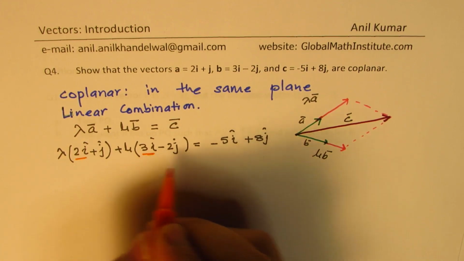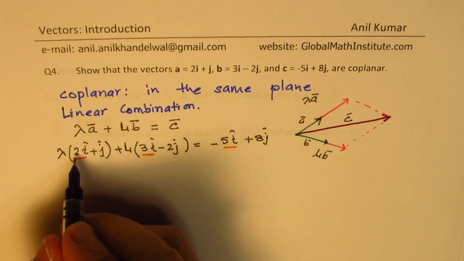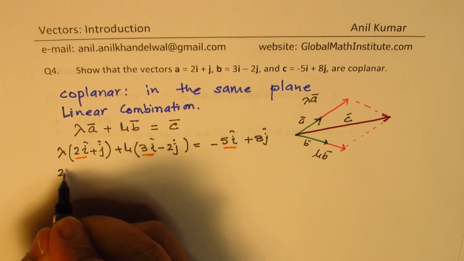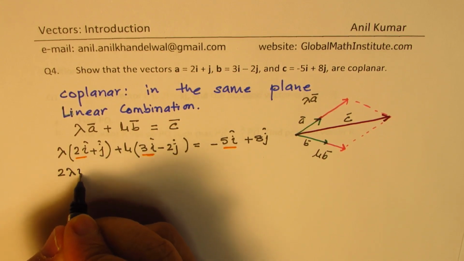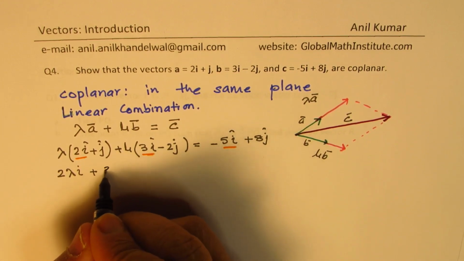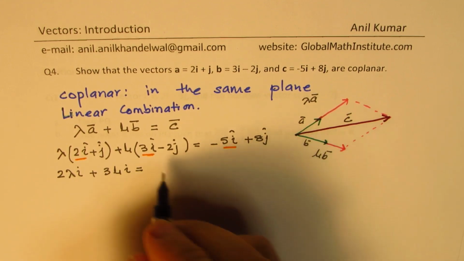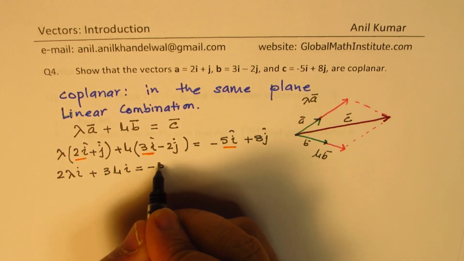We get one equation, and this equation for us is 2 lambda i plus 3 mu i is equal to minus 5i.